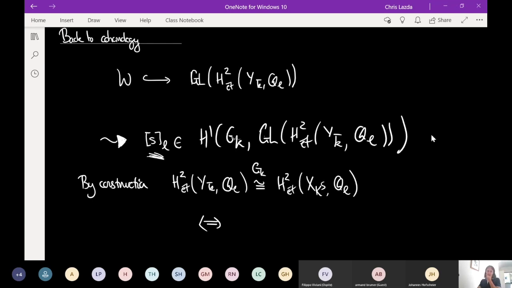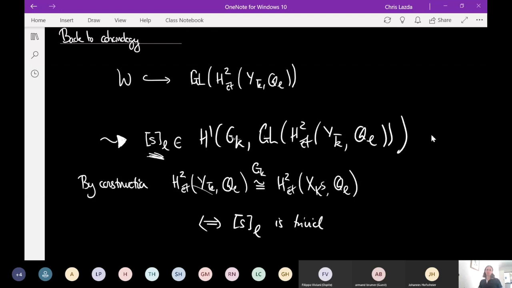So just by construction, there's a G_K-equivariant isomorphism between the cohomology of X and the cohomology of Y if and only if this cocycle, this L-adic realization of it, this cohomology class S_L, is trivial.